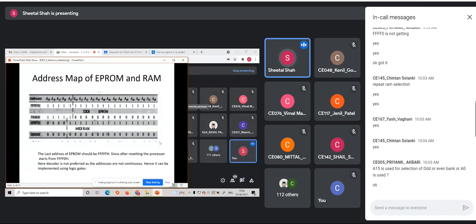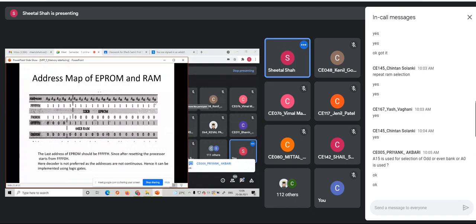If the least significant bit is 0, it implies it is an even address. If the least significant bit is 1, it implies it is an odd address. Do you agree to this? So among these address lines, A0 is the least significant bit. And if it is 0, it implies it is an even address. And if it is 1, it implies it is an odd address. Now is it clear, everyone? Okay.